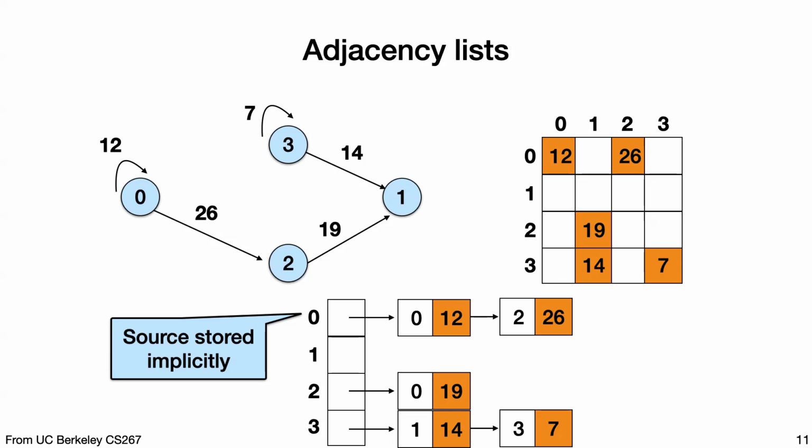So all the entries in row 0 are in position 0. These sources are never actually written anywhere. But if you want, for example, all the non-zeros in row 3, you would start in row 3 and just iterate through this linked list.